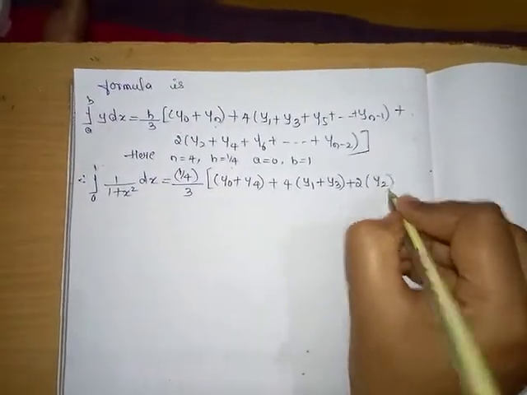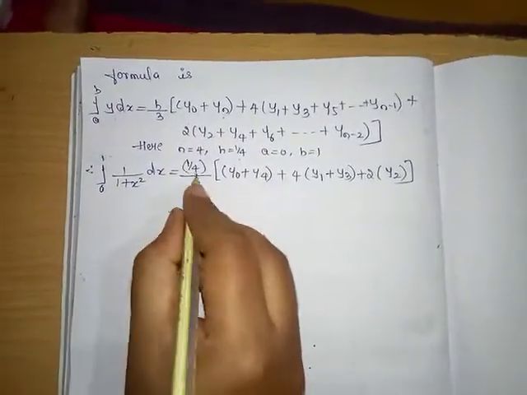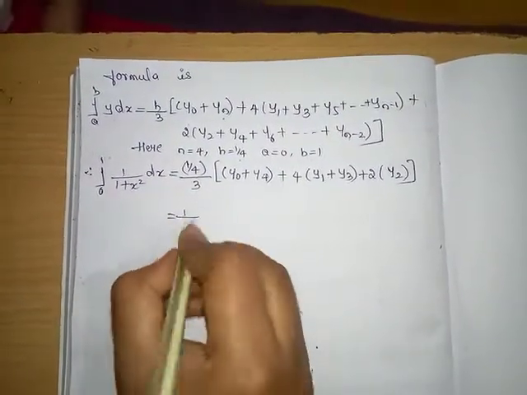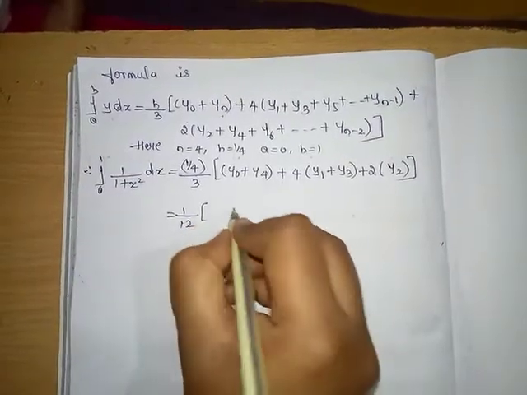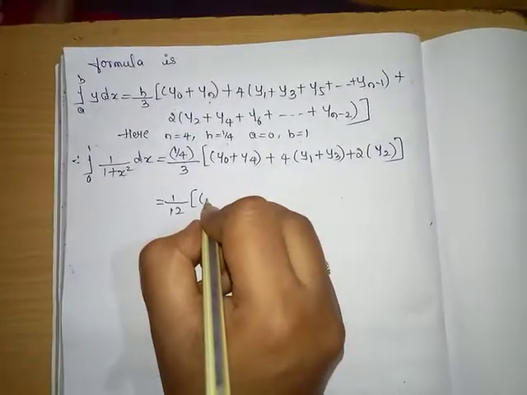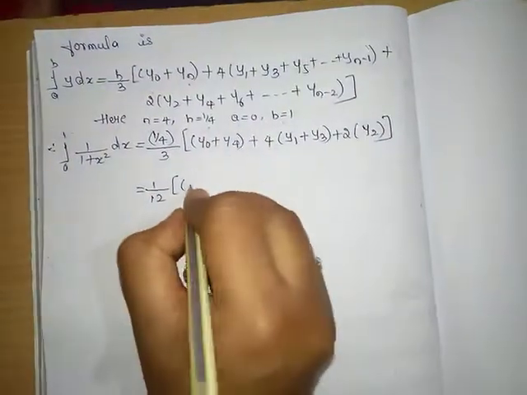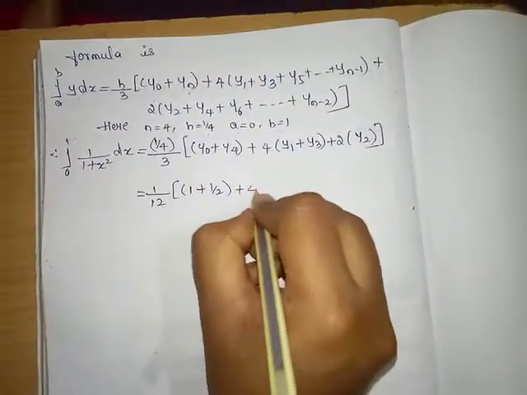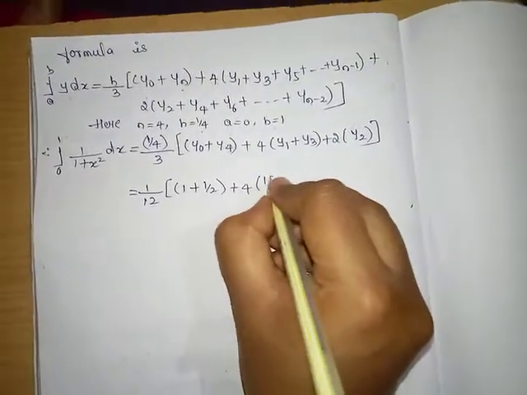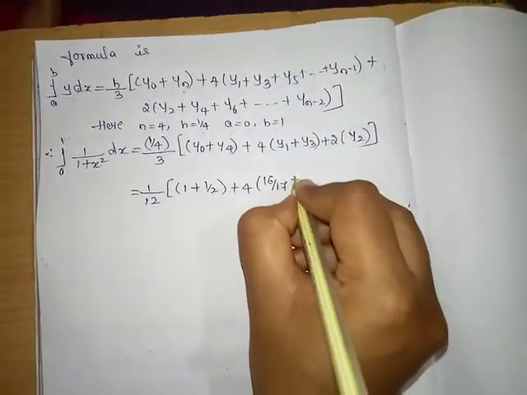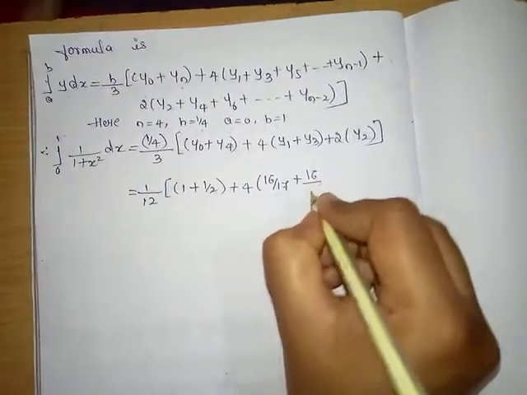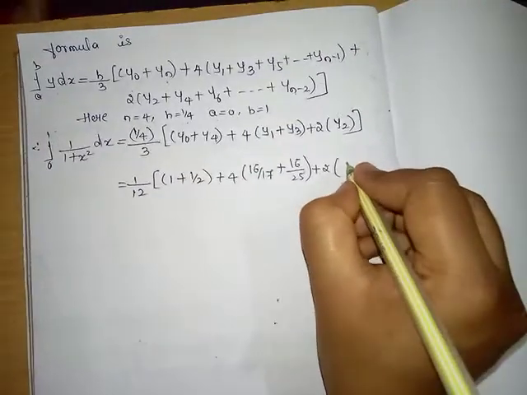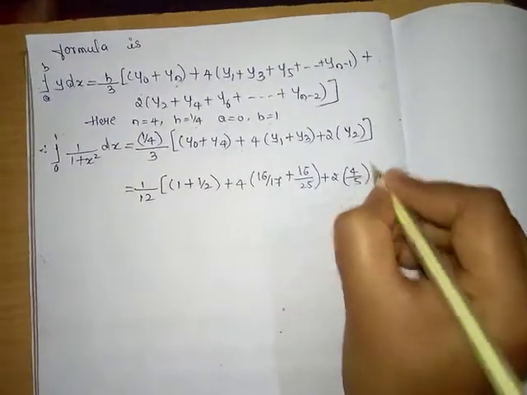Which is equal to 1 by 4 divided by 3. It will be 1 divided by 4, 3s are 12, into y0 is 1 plus y4 is 1 by 2 plus 4 into y1 is 16 divided by 17 plus y3 is 16 divided by 25 plus 2 into y2 is 4 by 5.